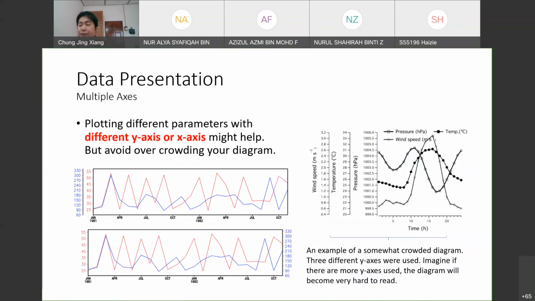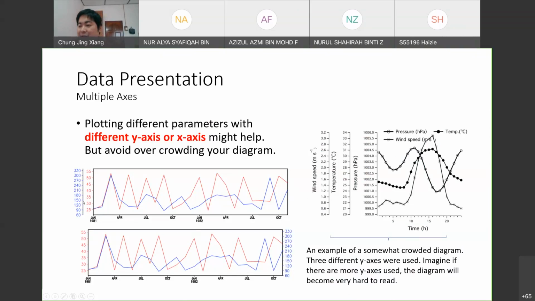So what if you don't want to do standardization, and you still want to compare between two variables? You can use the method of plotting multiple axes in your figure. You plot a graph like this one, but you have multiple axes.